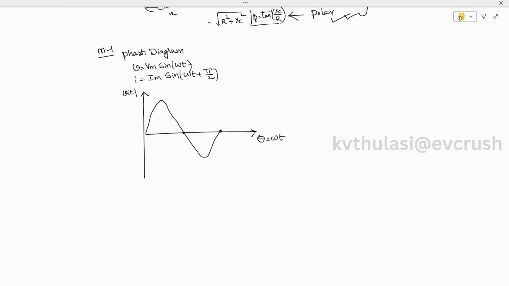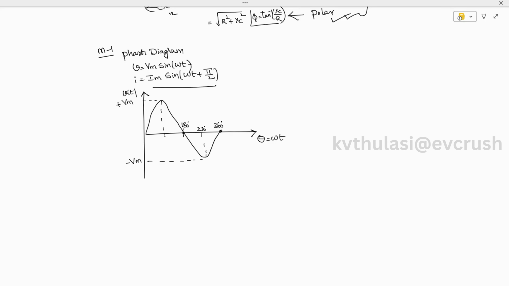This is at 90 degrees, this is at 180 degrees. This has a magnitude of minus Vm, this has a magnitude of plus Vm, and this is at 270 degrees, and this is at 360 degrees.